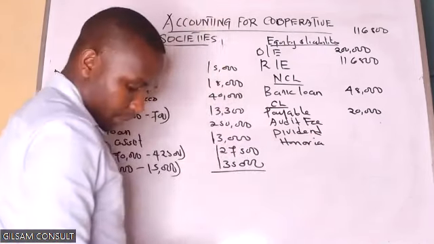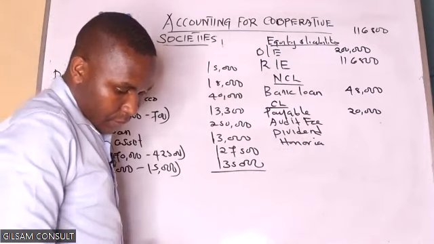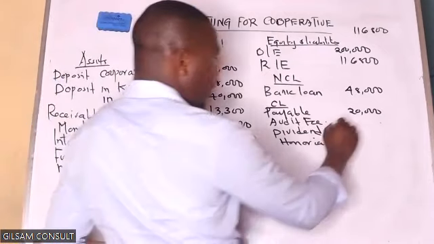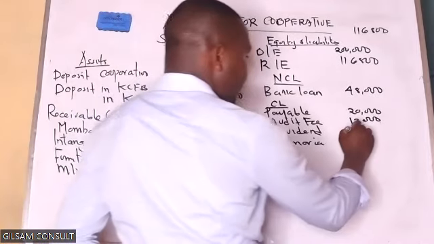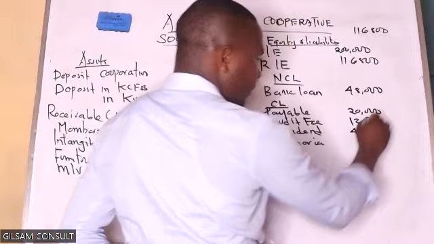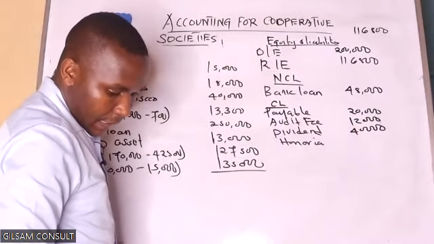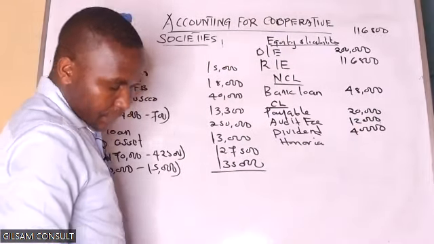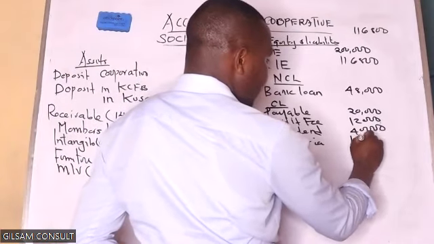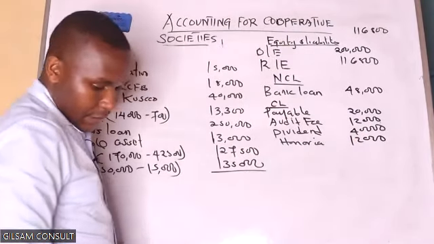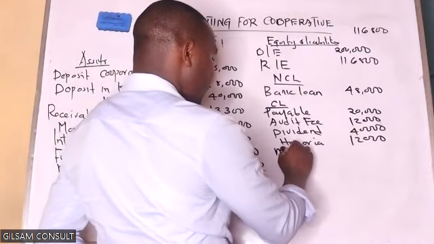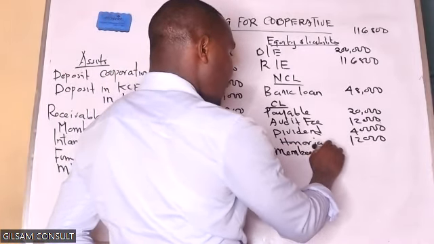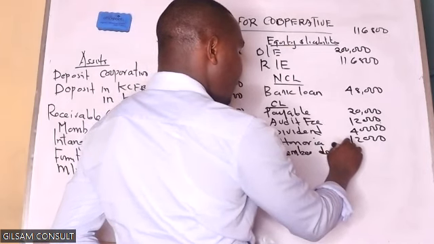All those are provisions. So audit fee 12,000. Proposed dividend 40,000, not paid. And the honoraria is 12,000 again. Then we have the members deposit. Members deposit is not our money. It is money for members.